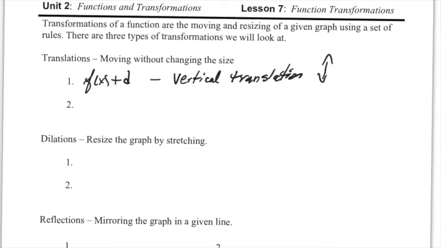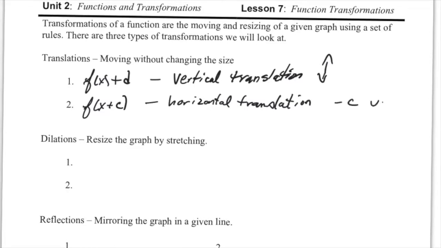The same thing is true with the horizontal translation, where you have f of x minus or plus c, and that is a horizontal translation. What that means is we are going left or right on the graph, in this case negative c units.